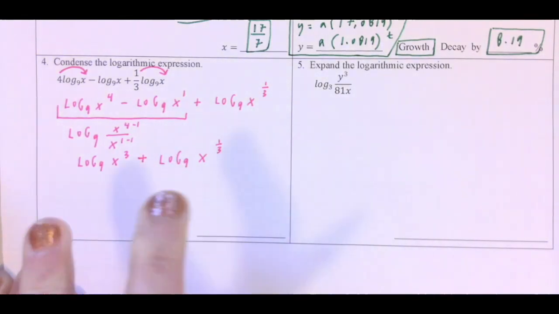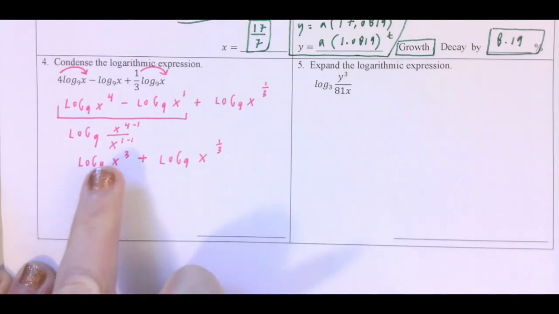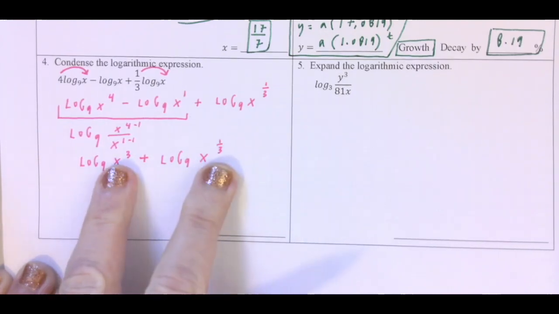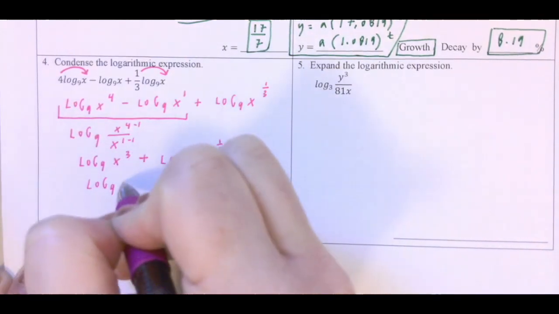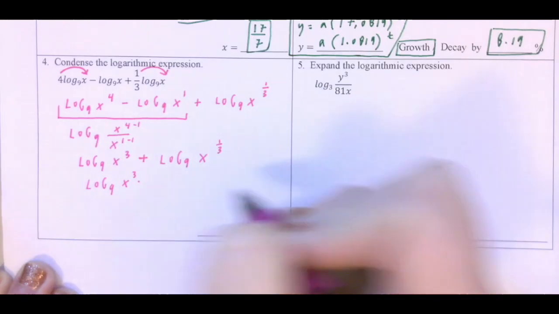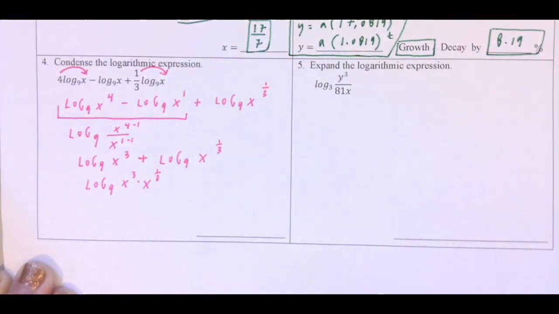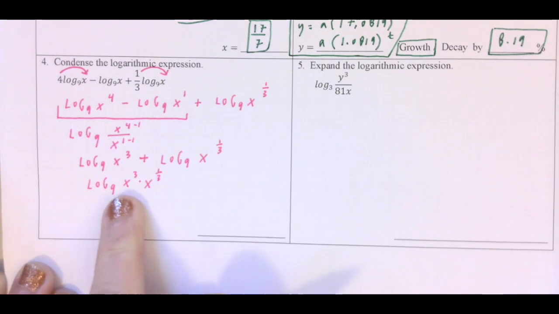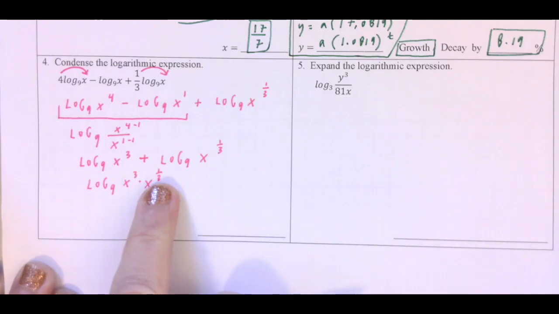All right, so if I want to fuse these 2 terms into one log, I can look at their 2 arguments and I can multiply them. I can make it a product. So now I have log base 9 of x to the 3rd power times x to the 1/3 power. Okay, so here when I see that I have both bases x, I need to add their powers, add their exponents.